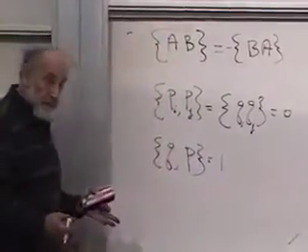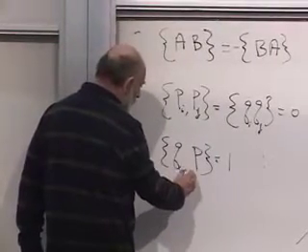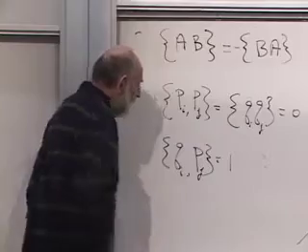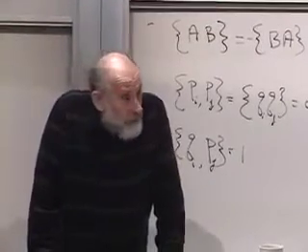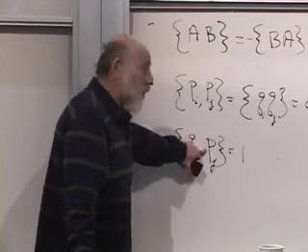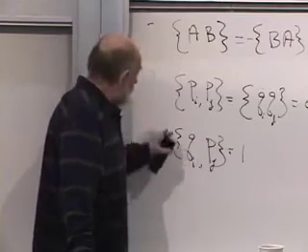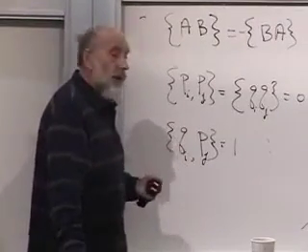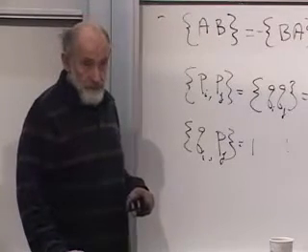More generally, if I have q sub i and p sub j, then that's 0 if i is not equal to j. For example, if we take the Poisson bracket of the x coordinate with the y momentum, that's 0. So this is 0 if i is not equal to j, and it's 1 if i is equal to j.